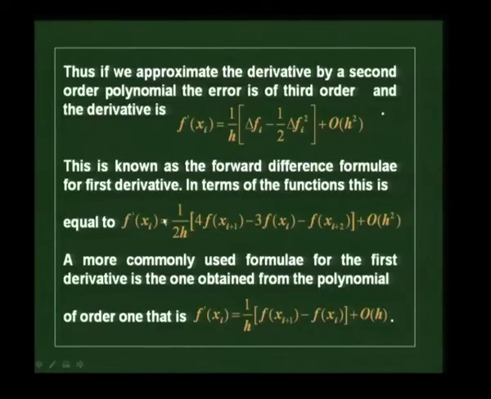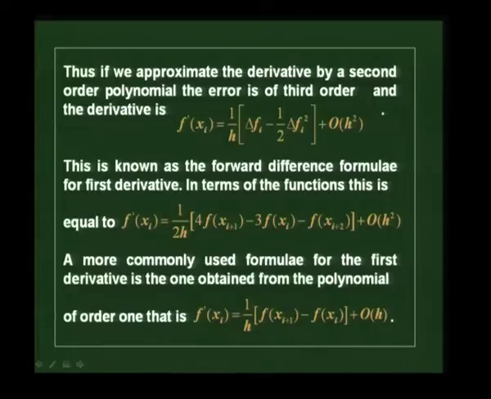So if I want to evaluate the derivative of a function at a given tabulated point, then I can use 3 function values at points which are after xi, that is xi plus 1 and xi plus 2, and then I can write the formula as 4 f of xi plus 1 minus 3 f of xi minus f of xi plus 2, divided by 2h.